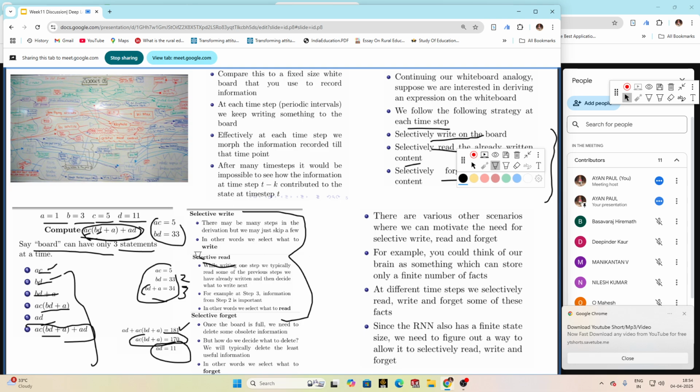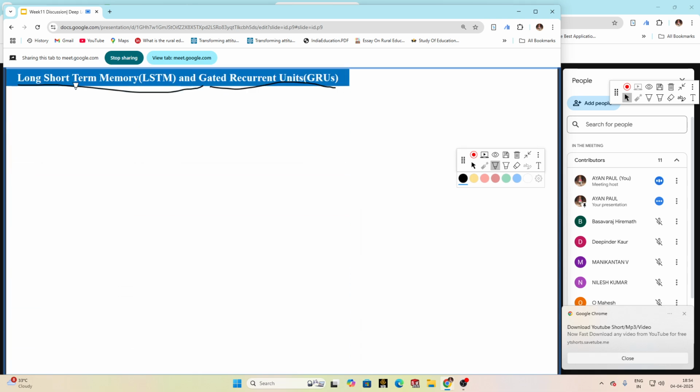When implementing these, we will have two different kinds of recurrent neural network: the long short-term memory LSTM, and the gated recurrent units.